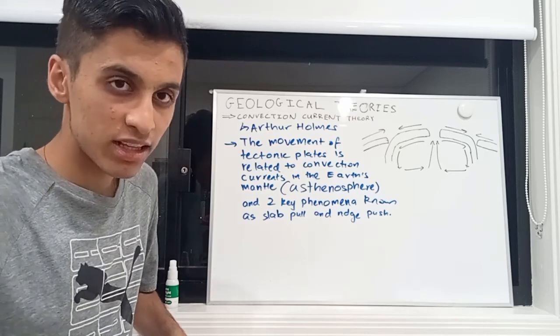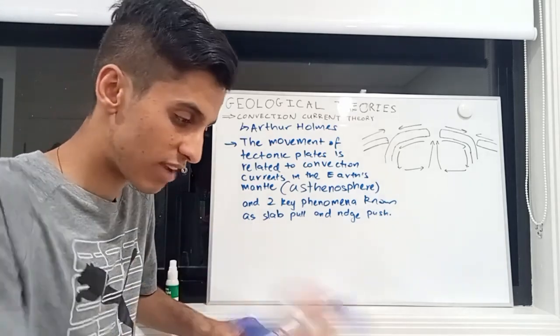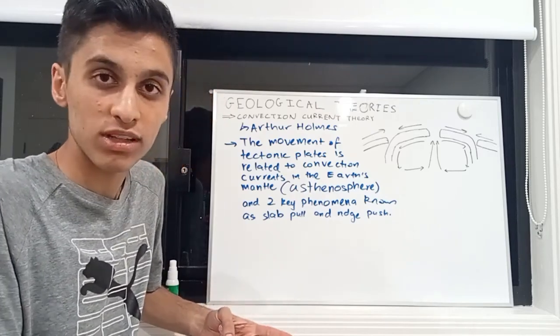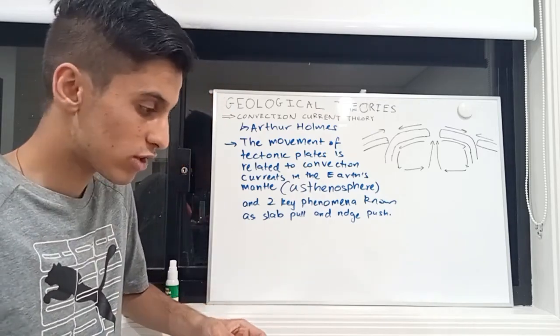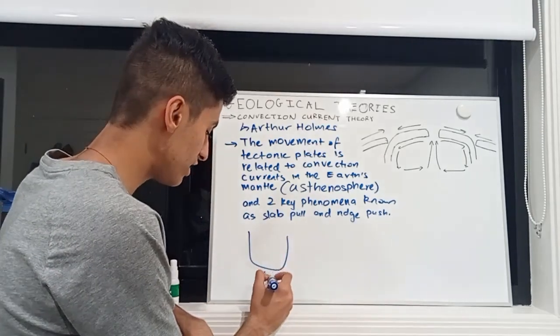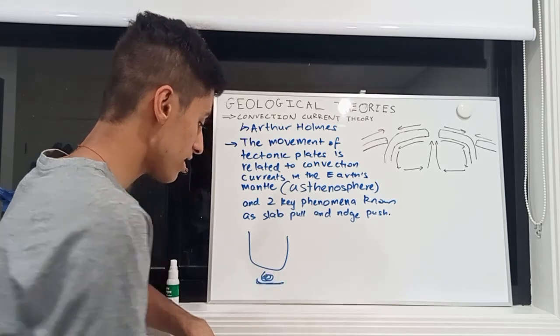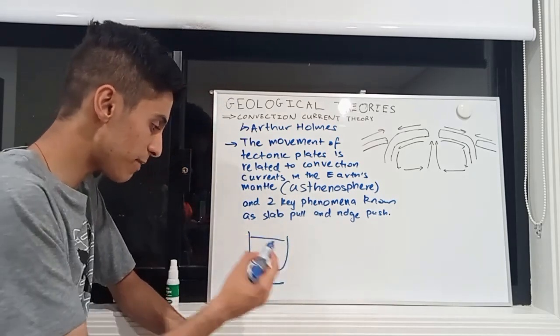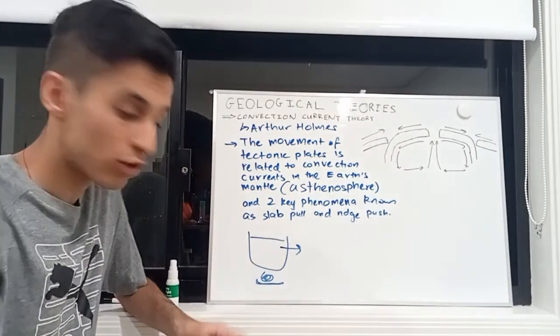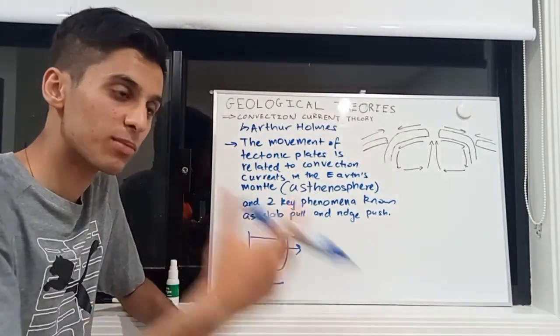So firstly, convection currents are based on two principles: heated fluids expand and cooler fluids contract. So if I was to have, let's say, a beaker over here, and my heat source is here. Now, it's filled with water, right? Now, this top part is obviously not that close to the heat source, and so it's going to be colder.